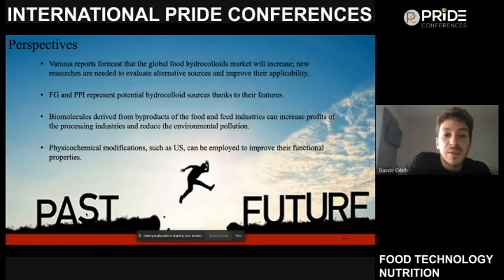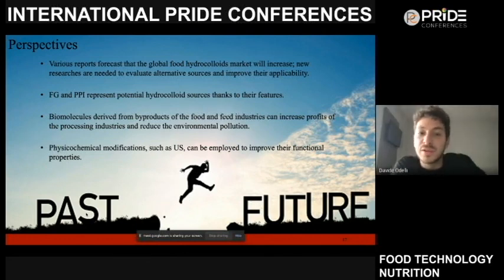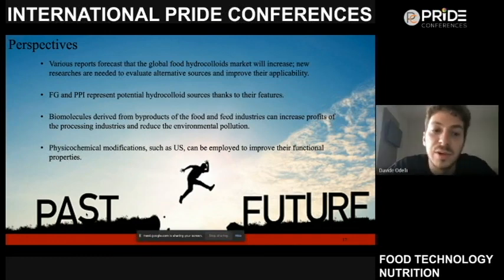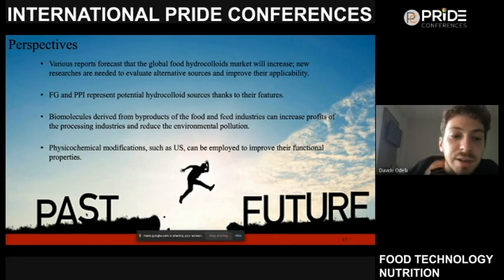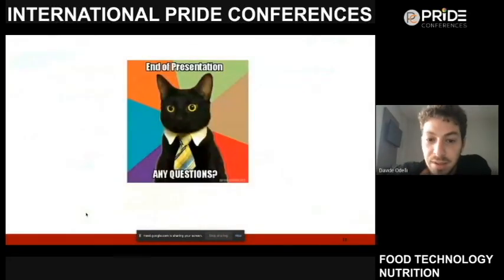And these biomolecules, as well as other biomolecules derived from byproducts of both the food and feed industry, can in fact increase profits of the processing industry and can also reduce the environmental pollution at the same time. And also some physicochemical modifications, such as the ultrasound treatment, can be employed to further improve their application and their functional properties. This was the end of the presentation.